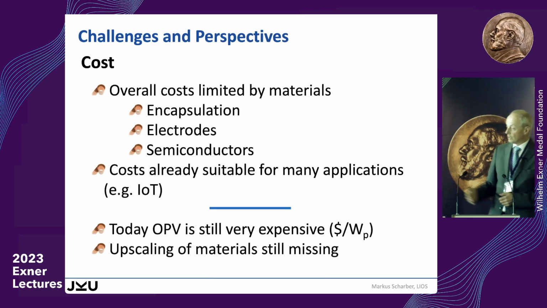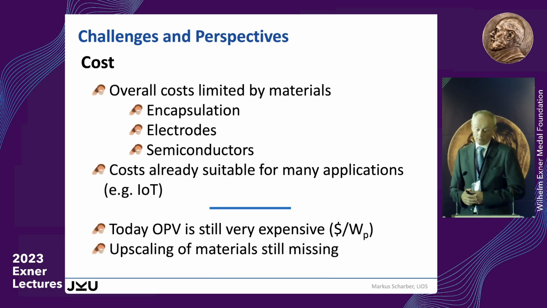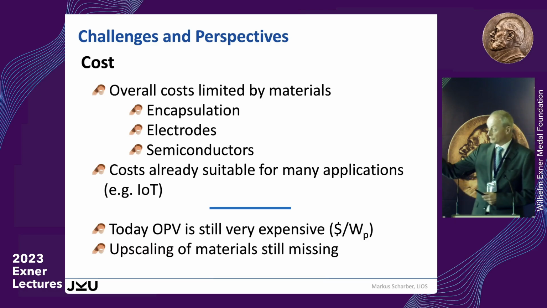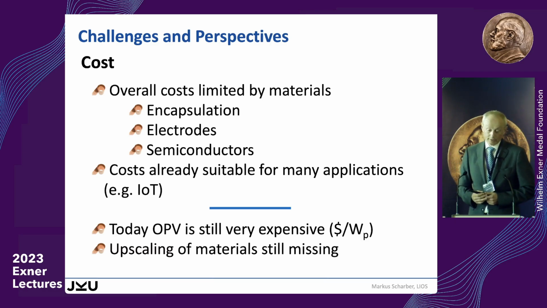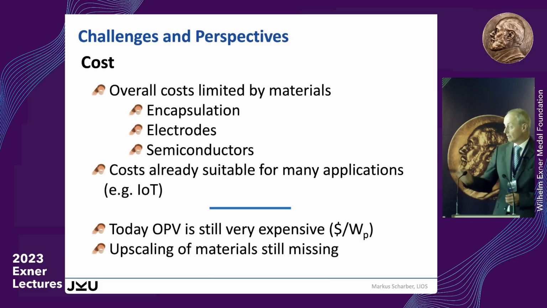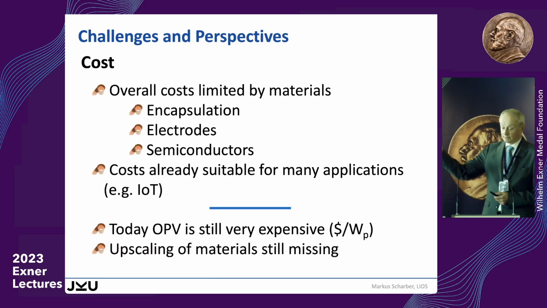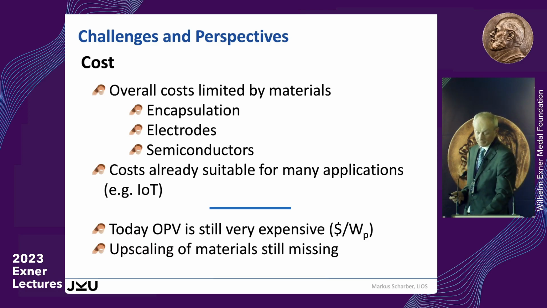If you need to create kilowatt hours or whatever with your OPV module, then it's getting really, really difficult. The other part is, when it comes to cost, everything is of course related to scale. If there is no material upscaling, especially of the semiconductors, they will be very, very expensive, which simply means that also the modules will be very expensive.